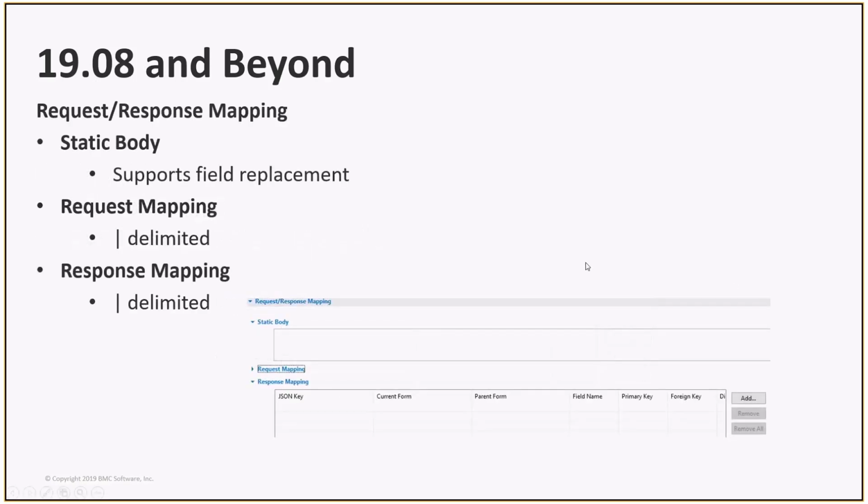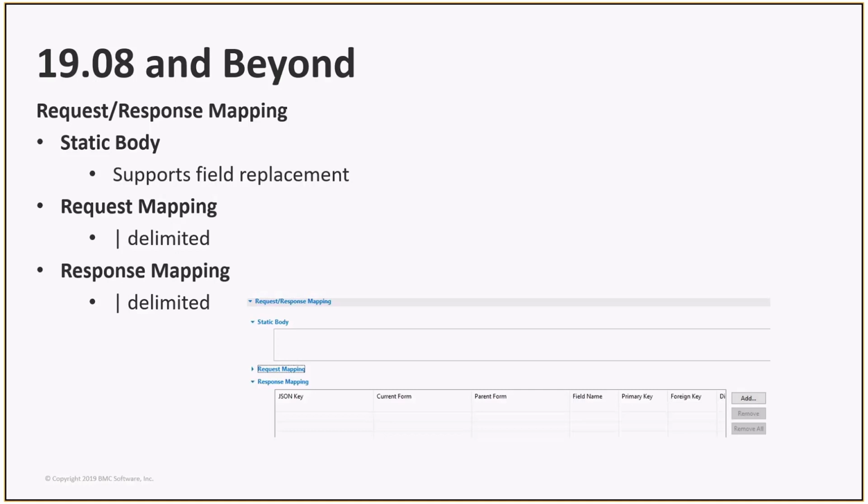The next section we have here is the request and response mapping. There's a couple of different ways to provide the request. You can either do a static body, which is you pasting in a format that is required by the external system, and you can do field value replacements in that static body, or you can build up the request mapping and the response mapping as field value pairs.